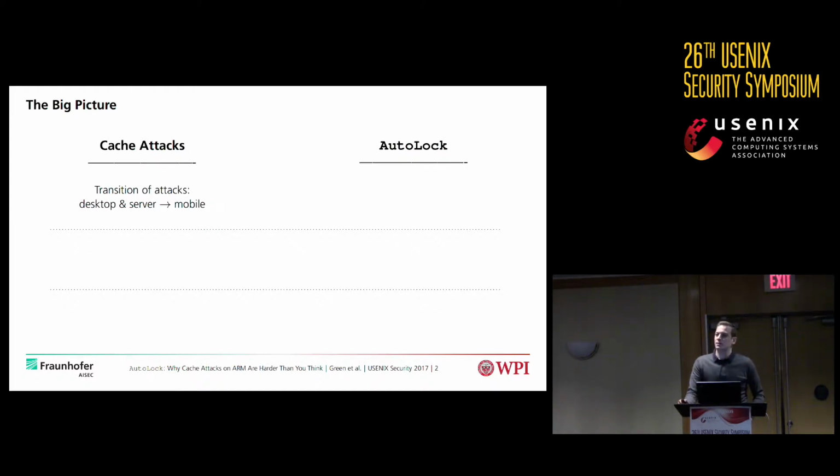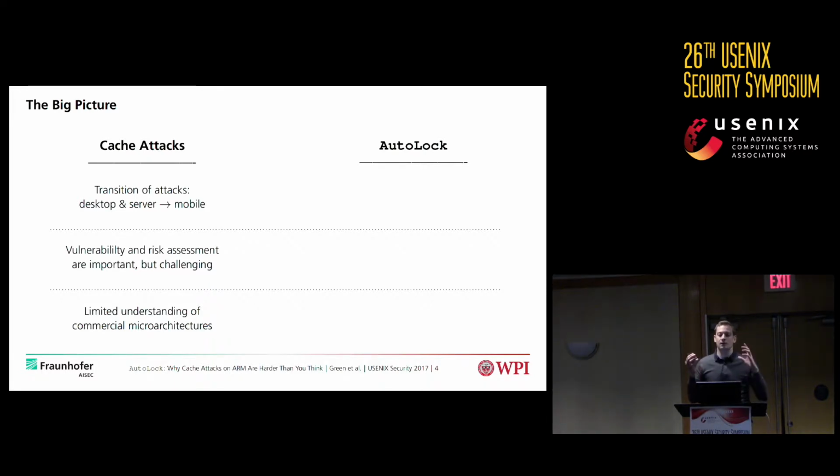And since cache attacks are a practical threat, of course we want to get a feeling of how vulnerable our systems are and what risk they face from cache attacks. But this isn't always so easy because we don't know everything that's going on in commercial microarchitectures, right?